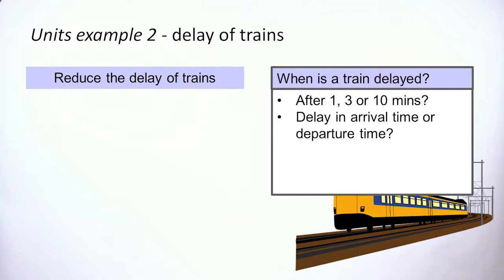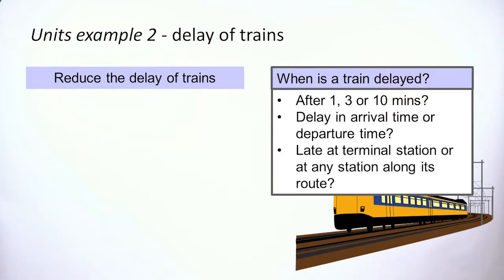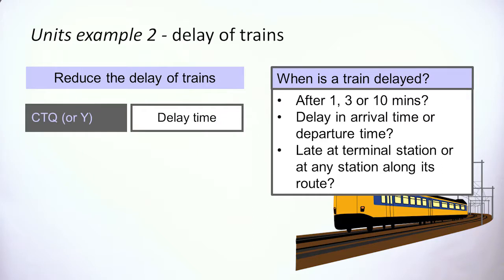Is it delayed when it has a late arrival but an on-time departure? Is it delayed when it reaches the terminal station too late, but it was on time on all the stations that were en route? So, measuring your CTQ delay time is not so easy.